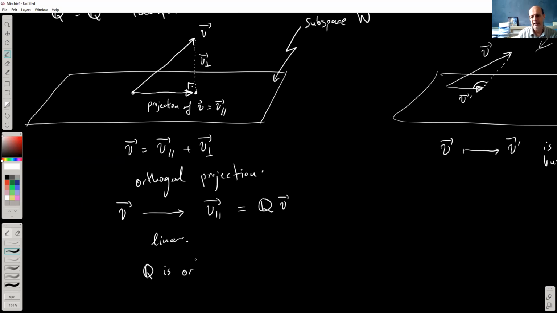So Q is orthogonal. Let's say it like this. Q must satisfy, in that case, these two properties. First of all, its square should be equal to itself.